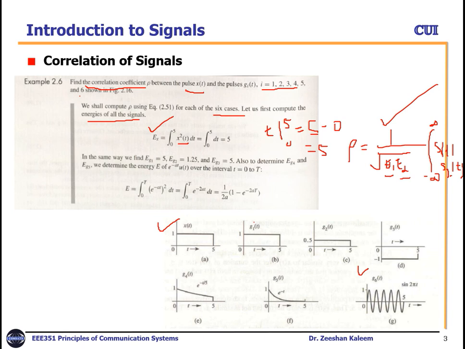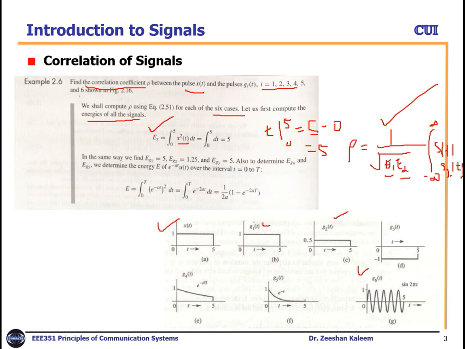Second, g1(t) is similar to x(t), so its energy will also be 5. In the same way we find Eg1, Eg2. If we find the energy of this signal, because it is constant at 0.5, we take 0.5 squared into 5, so it will be around 1.25 minus 0.